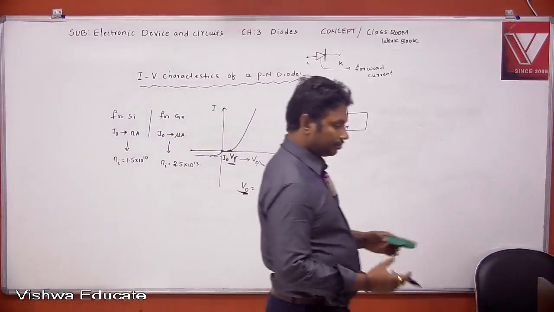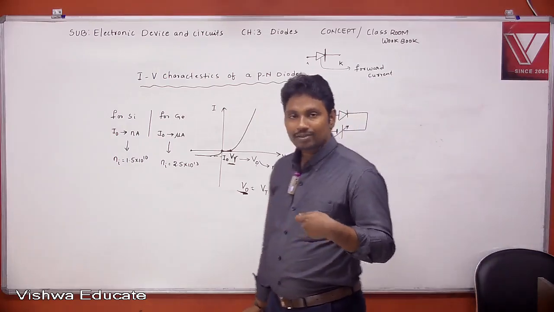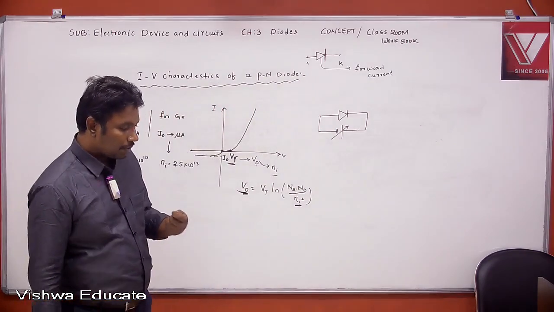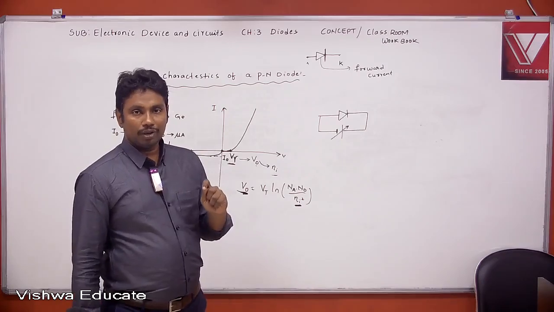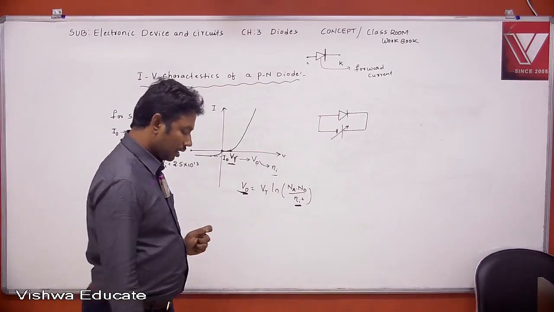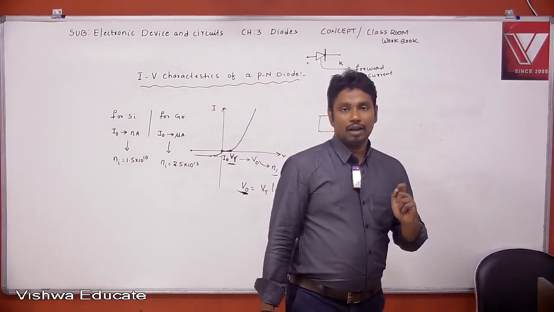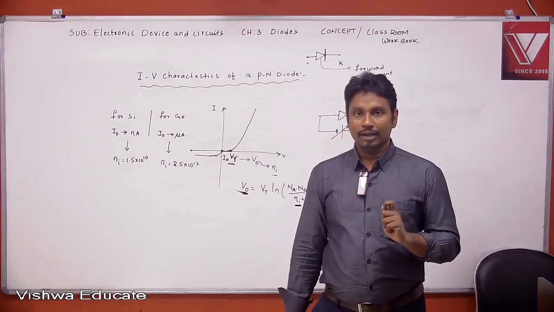Copy, write down the points. When the diode is operated in reverse bias, the current through the diode is constant and negligible.